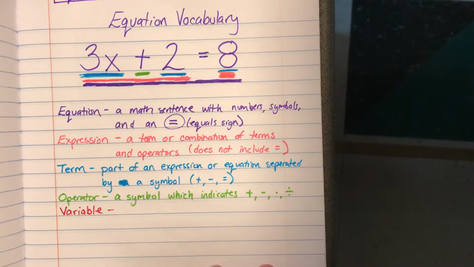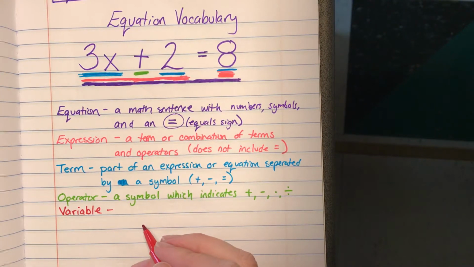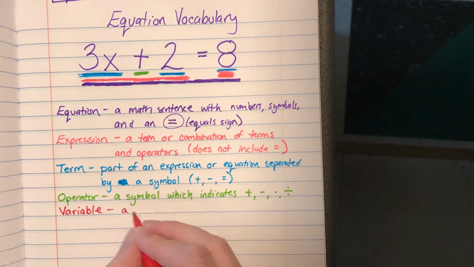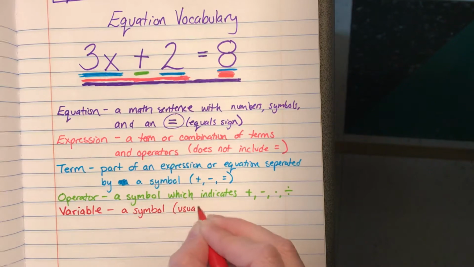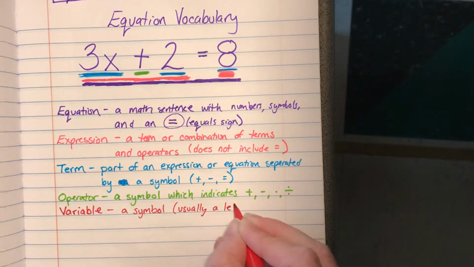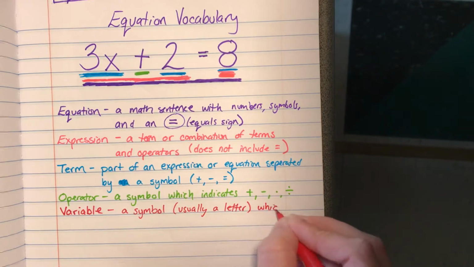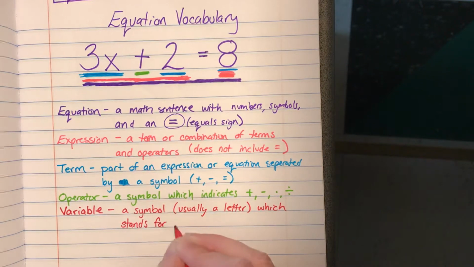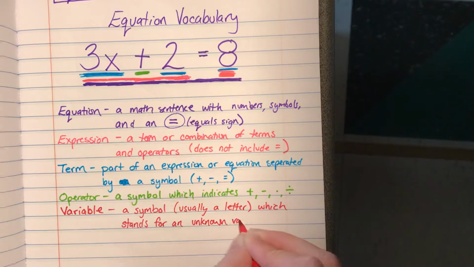All right, a variable. You may have heard the word variable before, and the most basic definition of a variable is a symbol, usually a letter, which stands for an unknown value.